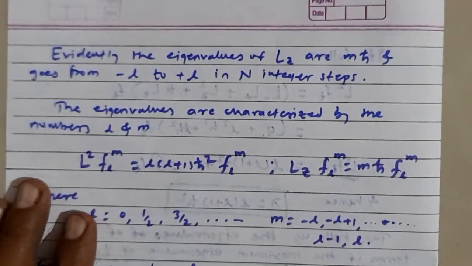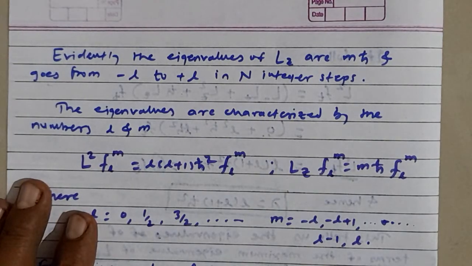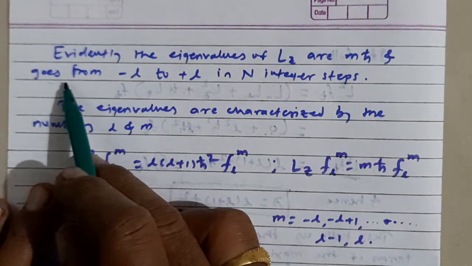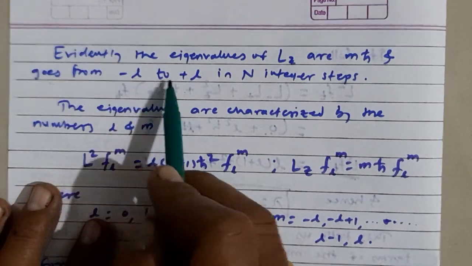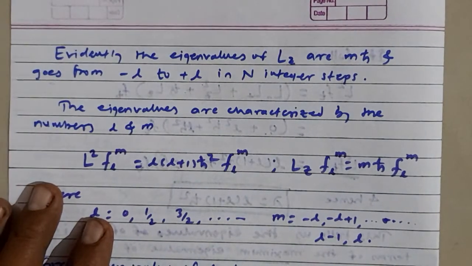Now, evidently, the eigenvalues of Lz are m h cross, and m goes from minus L to plus L in N integer steps.